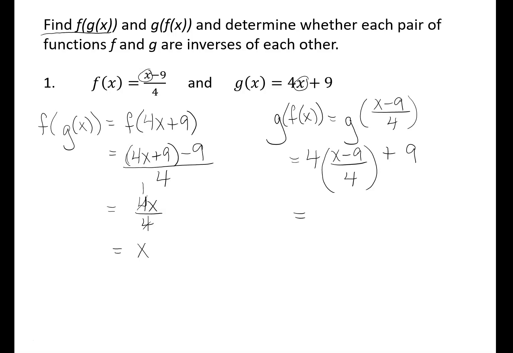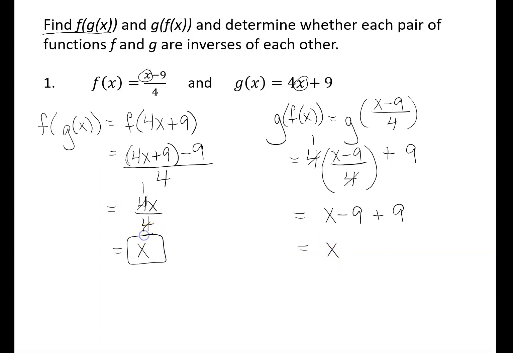So order of operations, I would multiply first. When I multiply these, I'm allowed to divide out the 4s. 4 into 4 goes once. And 1 times x minus 9 is x minus 9. Bring down the plus 9. And then combine -9 plus 9, which is 0. So we do end up getting x.